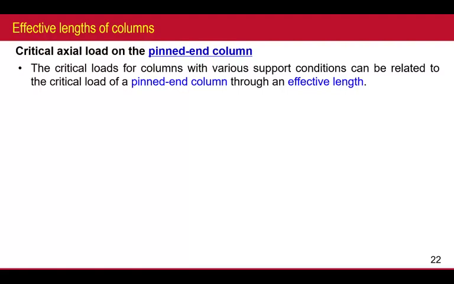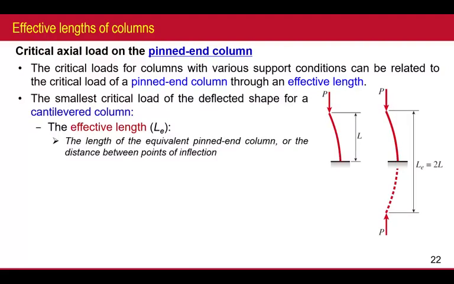Of course, based on these things, there are sometimes other things we will do. But there's a situation: not all columns will be pinned at the two ends. Something else may happen, so from here we consider the effective length. For example, this one is fixed at one end but the other is free-standing.